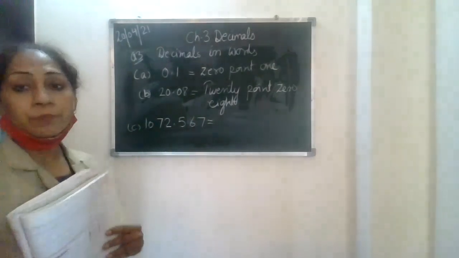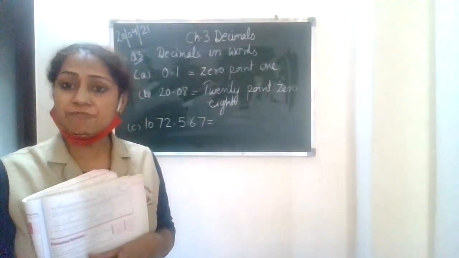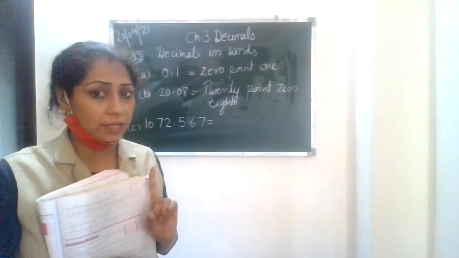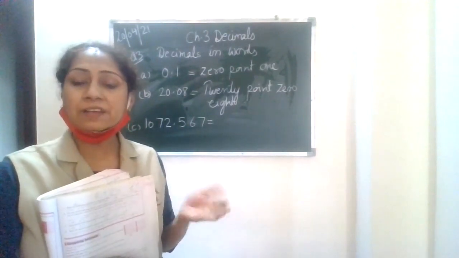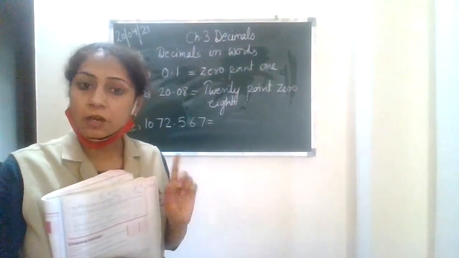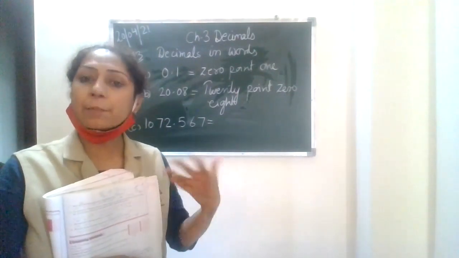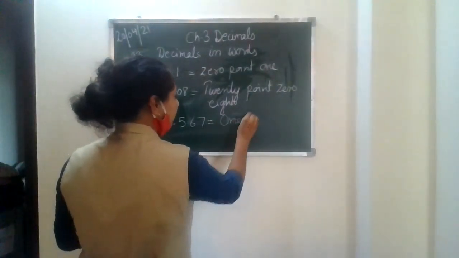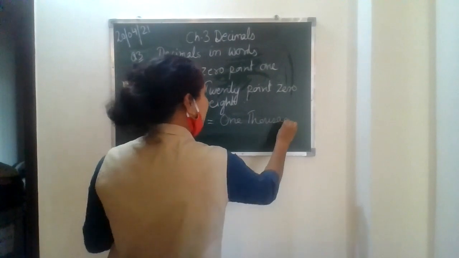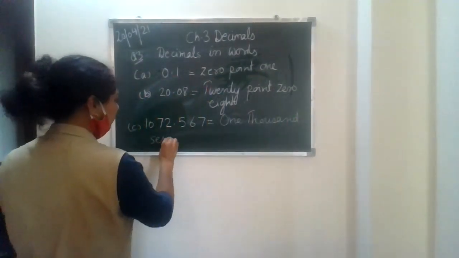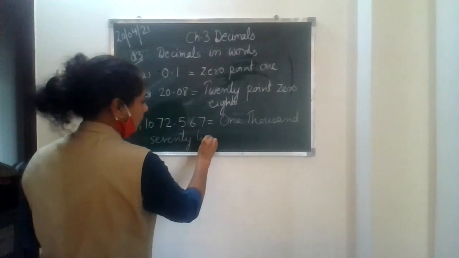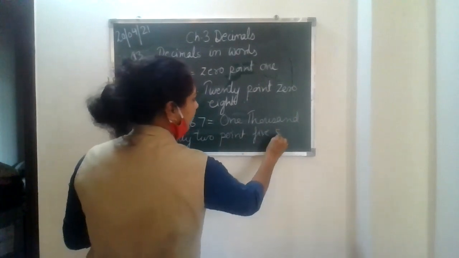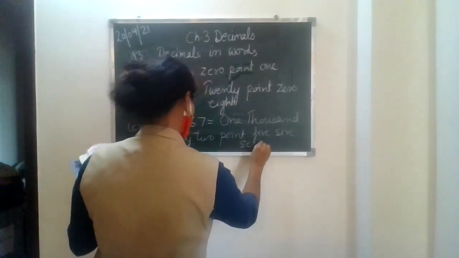And mind you, if there are more numbers after the decimal, you will never say 500 or 5,000 or 67. No, you will say the numbers individually. Please earmark it. After decimals, the numbers are called individually. So how are we going to write this? 1072.567.